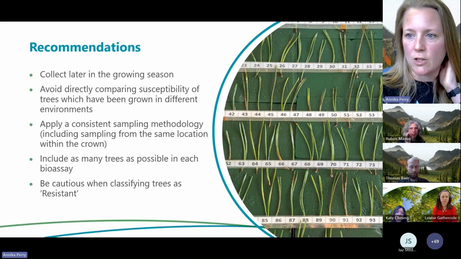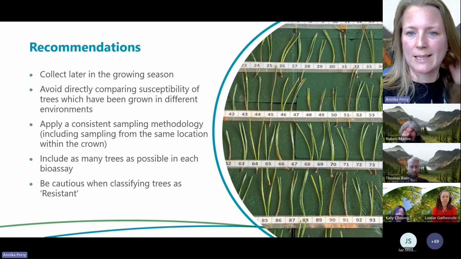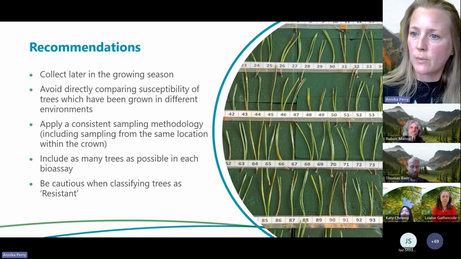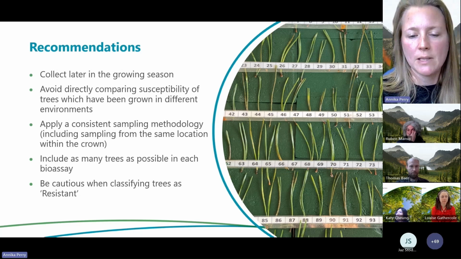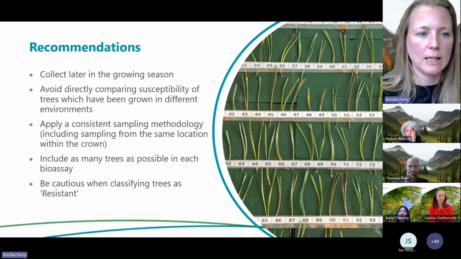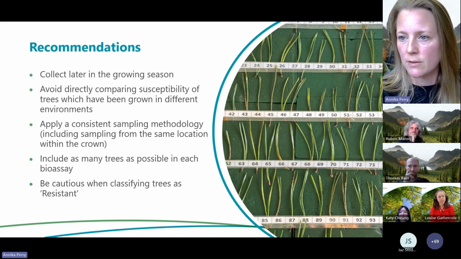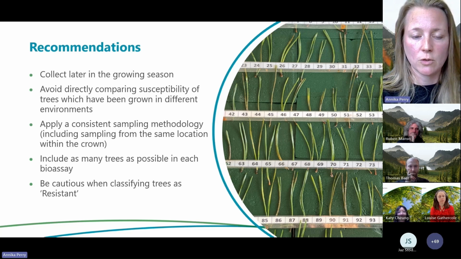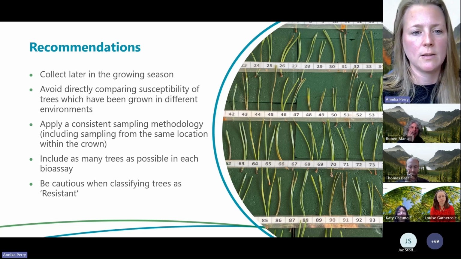So, some of the recommendations based on this work. I should say this is just a little part of the work; I tested it in other situations as well. But the recommendations for the basics are to collect later in the growing season if possible. We think this has something to do with the robustness of the needles. Avoid directly comparing susceptibility of trees which have been grown in different environments, as I said.